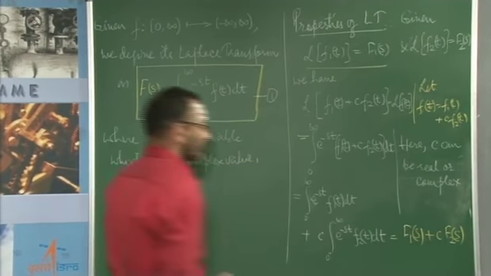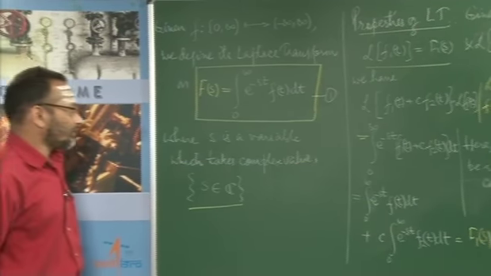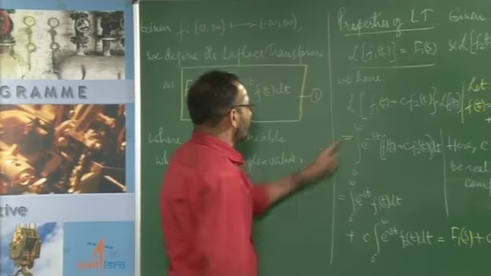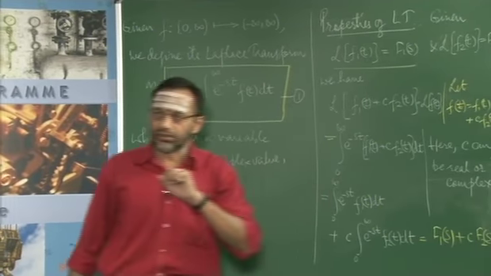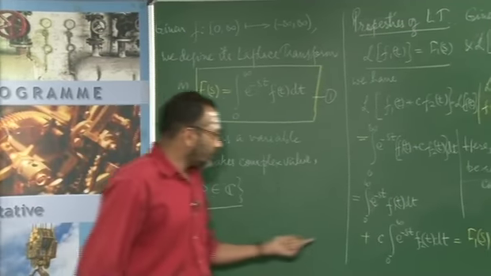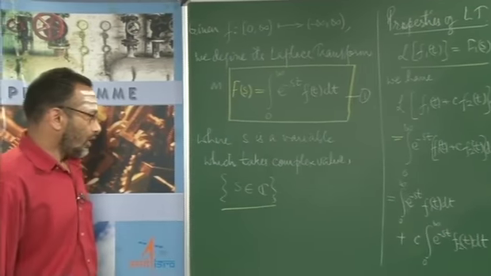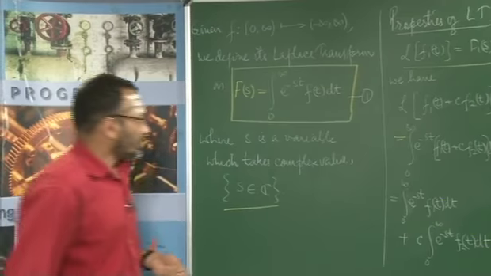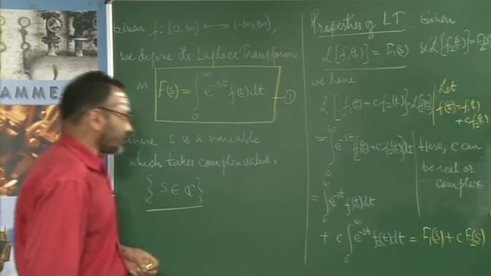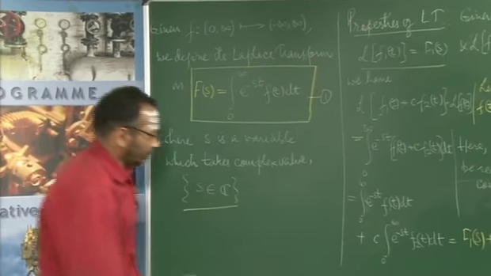So, the result that we have got now is that if I have a linear combination of several functions, then I will get equivalently after transformation the same linear combination of the corresponding Laplace transforms. This is the same as telling that the Laplace transform is a linear transformation. Okay.